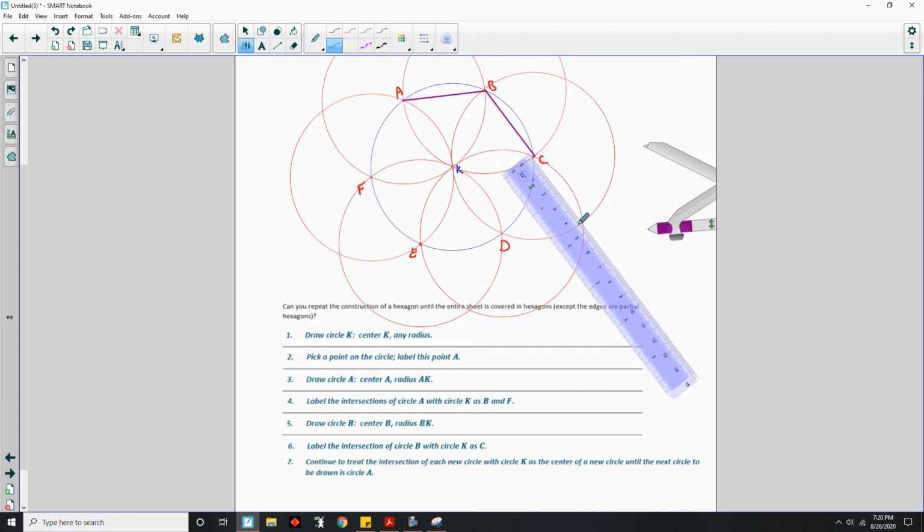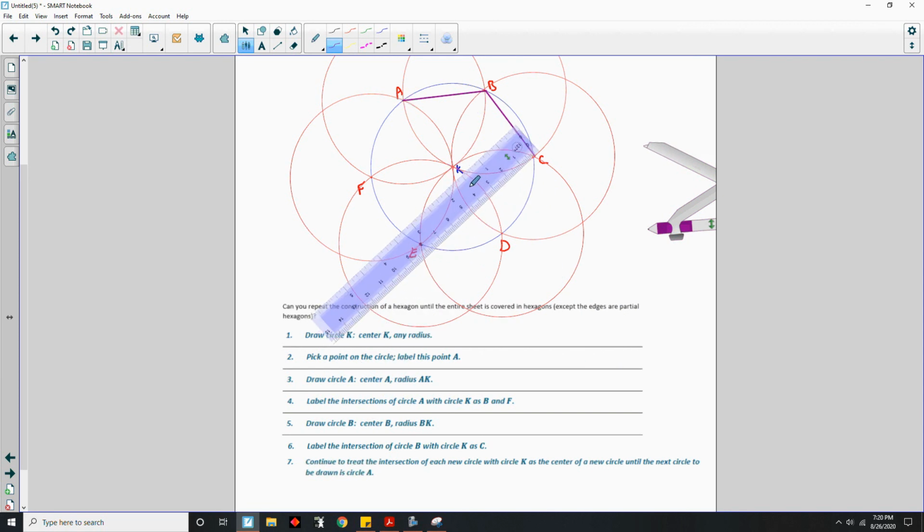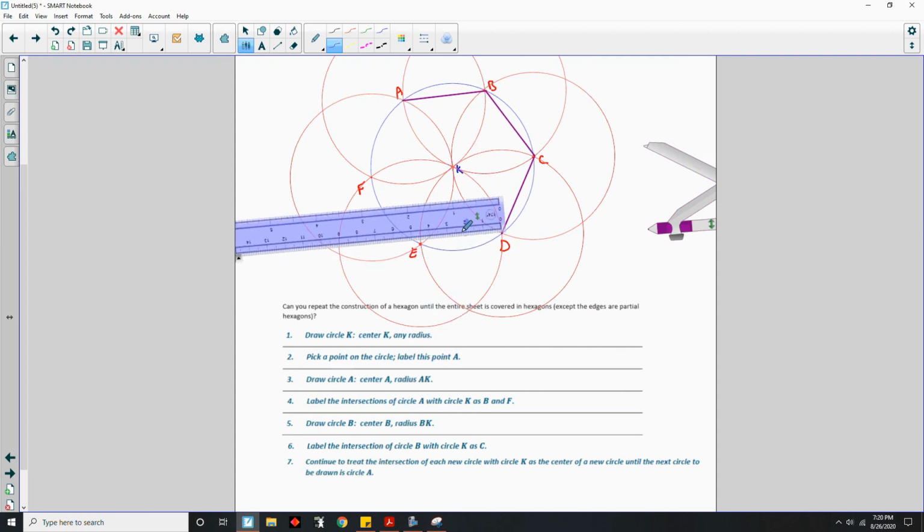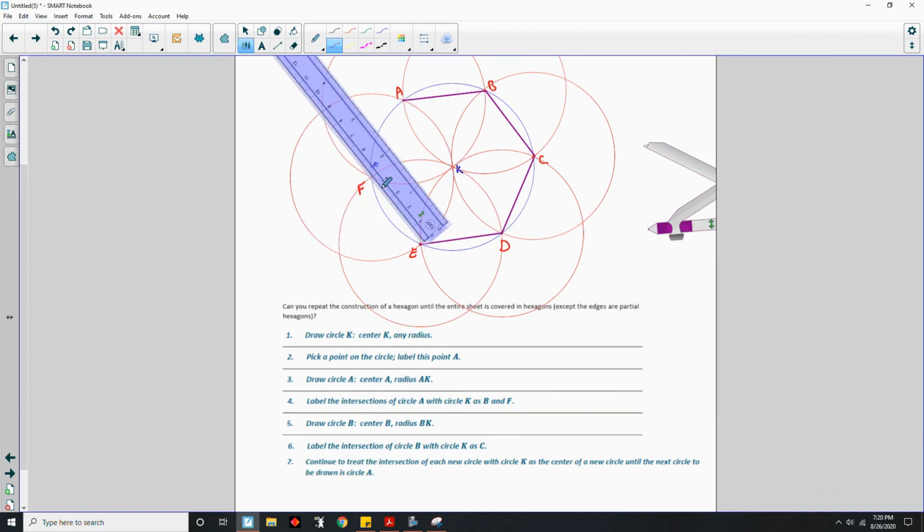I bring my ruler down to C, the 0 is on C or close to it, like so. Rotate it to my intersection at D. Draw a segment down to D. Move my ruler 0 to D. Rotate my ruler so I'm going to E. Draw a line segment to E. Move my ruler 0 to E. You wouldn't have to do this because on paper you would just line it up, but this is the easiest way for me to line it up electronically.